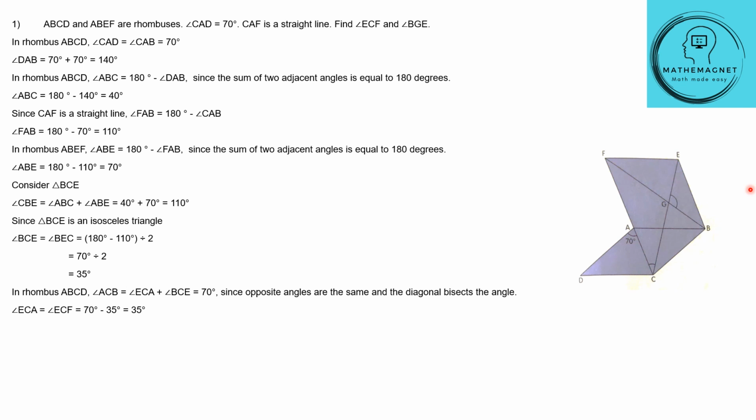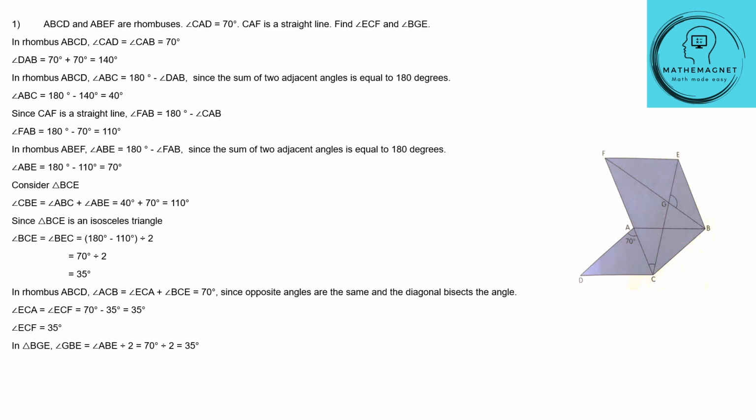Now let's see how to go about the next unknown angle. Here we'll consider triangle BGE. Angle GBE will be equal to ABE divided by 2, because we know angle ABE is 70 and the diagonal bisects this angle into two. So angle GBE will be equal to 70 divided by 2, which is equal to 35.